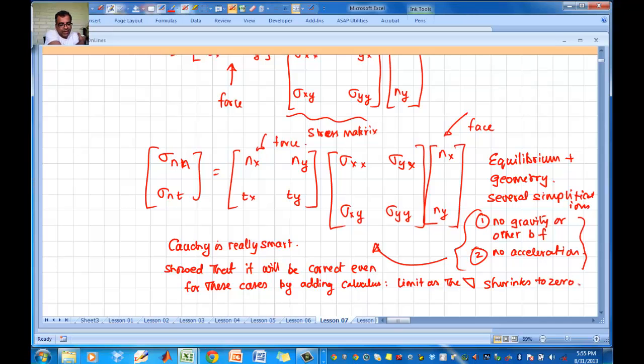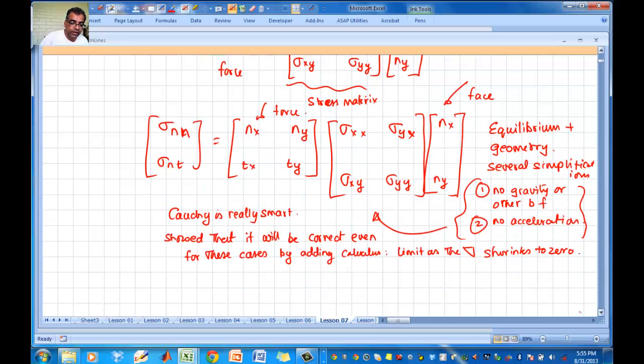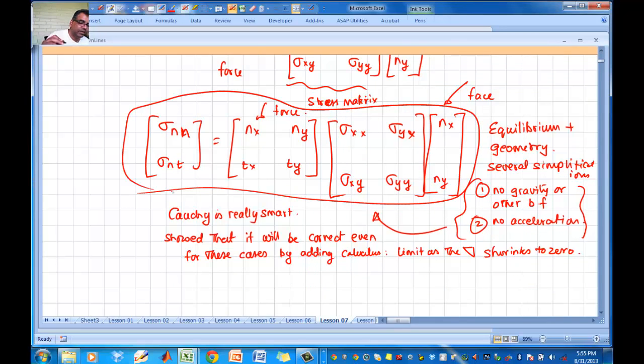We are not going to show that because it doesn't particularly add any deep insight to us. All it tells us is this result is true whether the body is accelerating, whether there is gravity, body force, this, that and the other, although our limited proof was only for no body force and no acceleration.